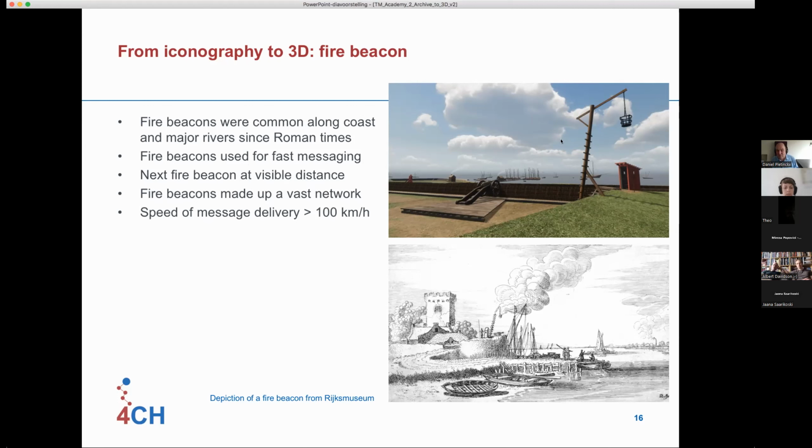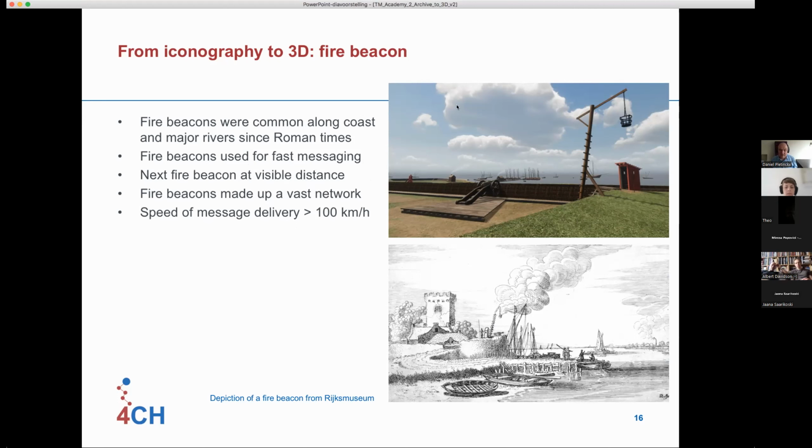And it was made as a network, so every next fire beacon was at a visible distance. One fire beacon could see the other, and in this way they made up a network, and they could pass on a message. We are being attacked. And that message was passed on to the next one, and the next one, and the next one.